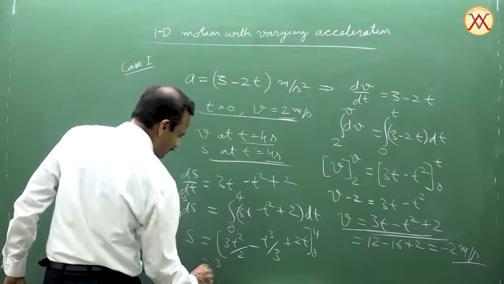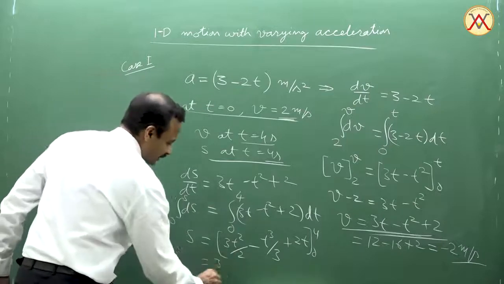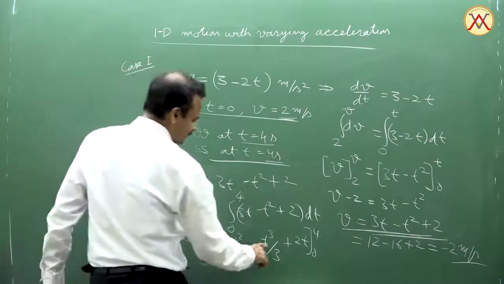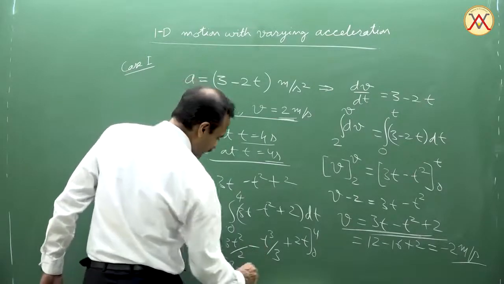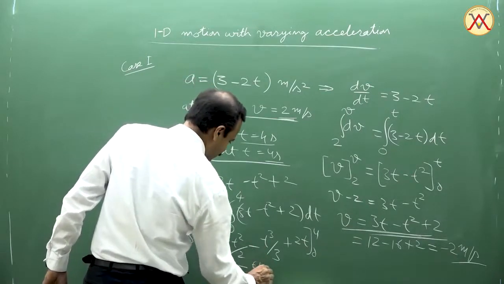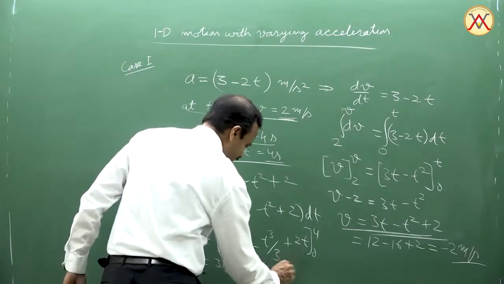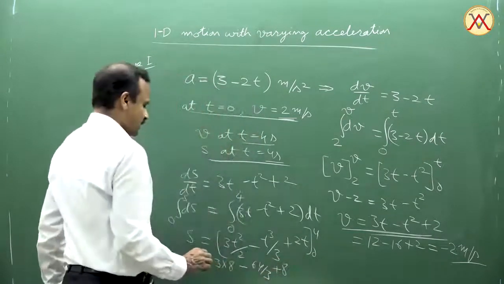It becomes 3 times 16 by 2 is 24 minus 4 cube is 64 by 3 plus 8.